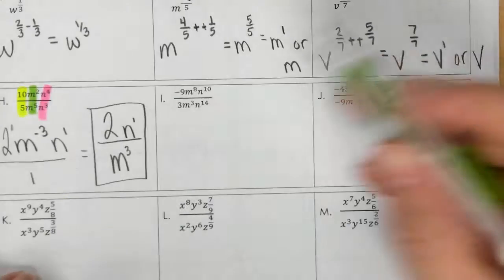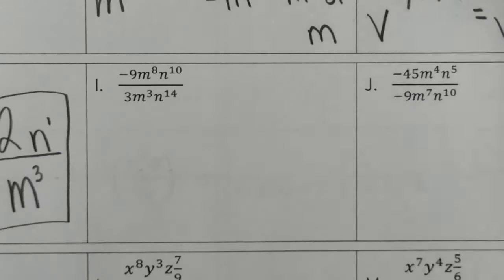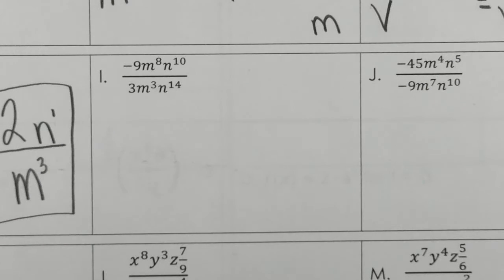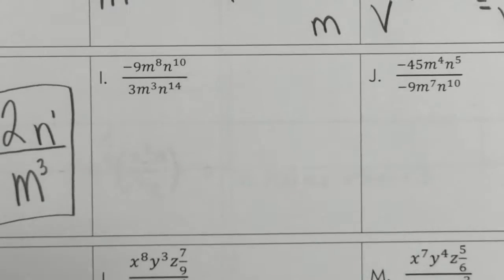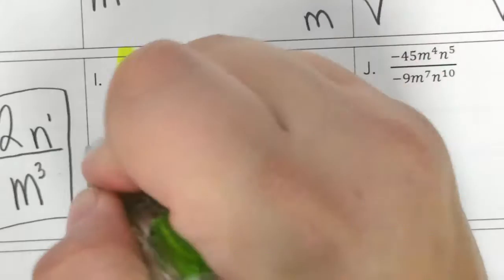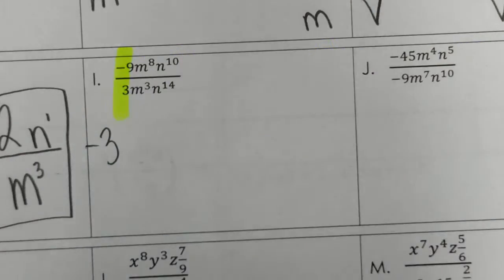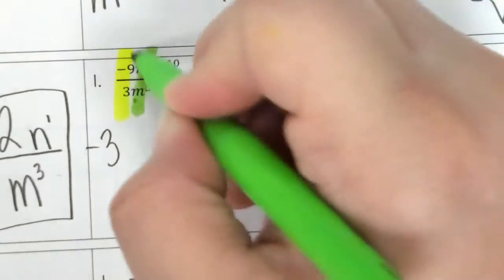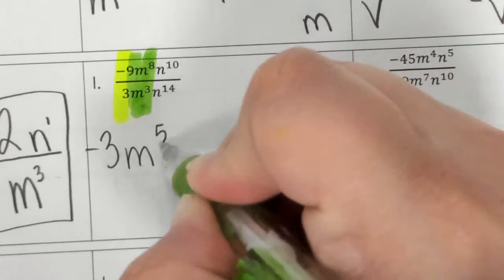So I is the same method. We want to simplify the fraction. So negative 9/3 becomes negative 3. Then 8 minus 3 for m gives me 5.